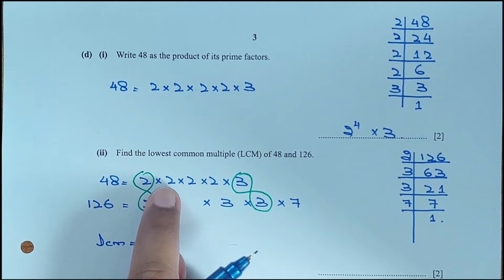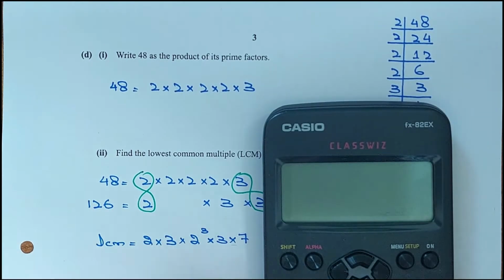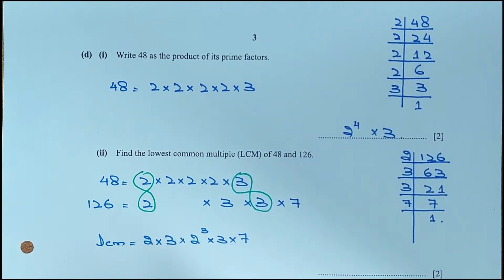The rest of the uncommon ones are 2, 2, 2, so 2 cubed, times 3 and 7. So 2 times 3 times 2 cubed times 3 times 7 is 1008, the LCM of the two numbers, right?